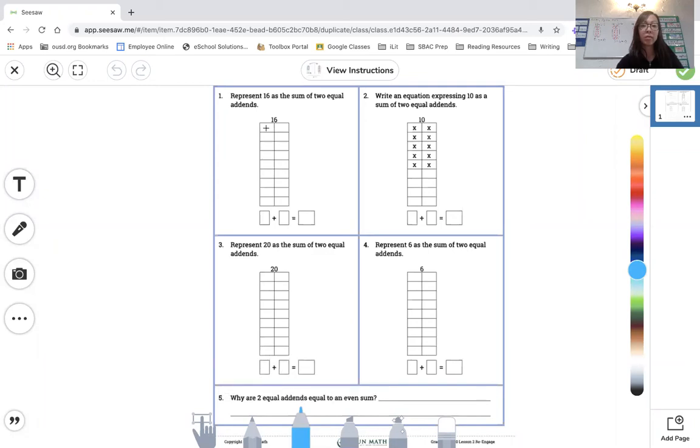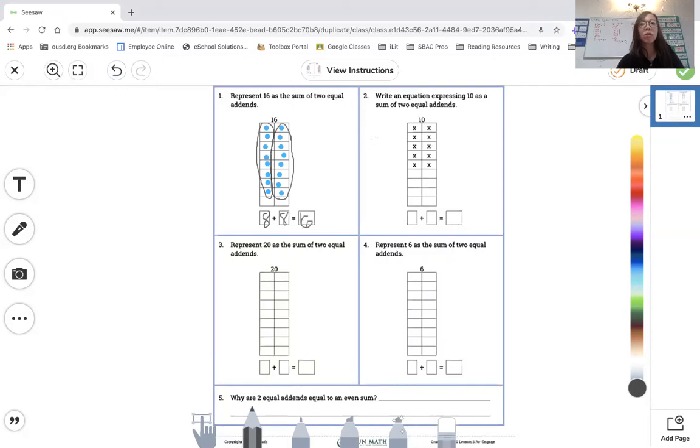So 16, we'll count it out. 1, 2, 3, 4, 5, 6, 7, 8, 9, 10, 11, 12, 13, 14, 15, 16, and then we'll count them up. So remember, our addends are going to be what we find in each column. So we see that there's 8 in the first column and 8 in the second column. So both of our addends are going to be 8, and we know that 8 plus 8 equals 16.